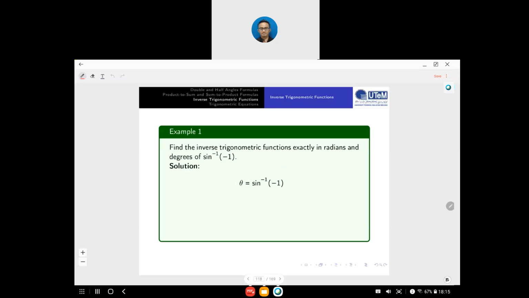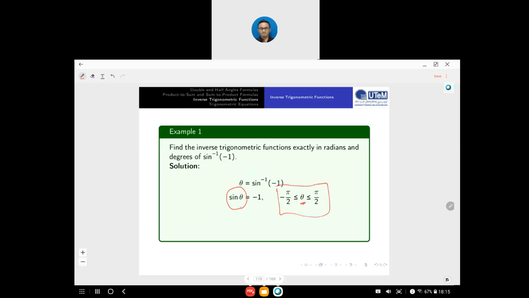Okay. So dia boleh terbalik pergi sana, it becomes sine theta equal to negative 1. Okay. So we know that this one, when inverse sine, dia punya range adalah between, the value of theta here must be between negative pi over 2 until pi over 2.